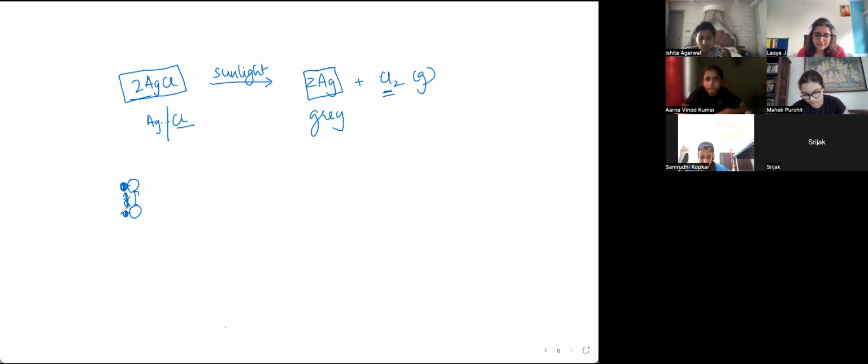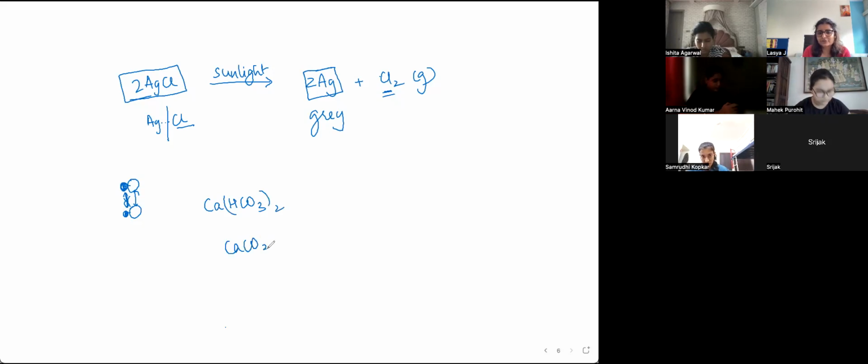After whitewashing the walls, a shiny white finish on the walls is obtained after 2 to 3 days. Calcium hydrogen carbonate and calcium carbonate are not the same thing. Calcium hydrogen carbonate is Ca(HCO3)2, calcium twice, and calcium carbonate is CaCO3.